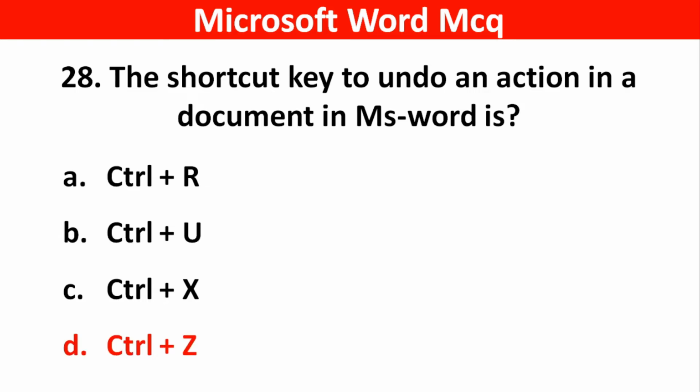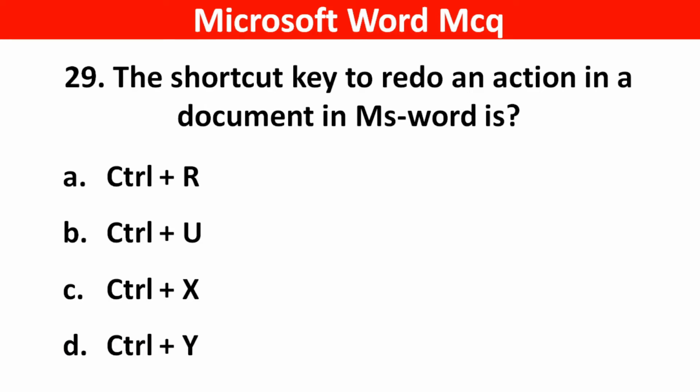Right answer is option D, Control plus Z. Next question, the shortcut key to redo an action in a Word document in MS Word is dash dash. Right answer is option D, Control plus Y.